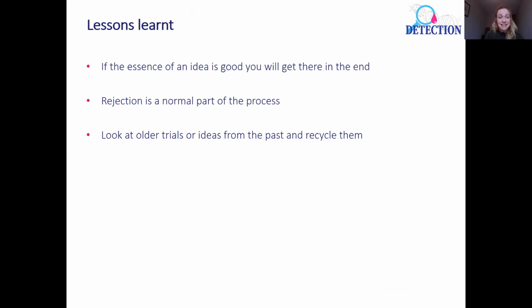The lessons learned here are that if the essence of your idea is good, you will probably get there in the end, but there are often lots of obstacles along the way, and rejection is a normal part of the process, and often it can just make things stronger. It's also important to look at older ideas from the past and recycle them for your area, because you can learn a lot from that.